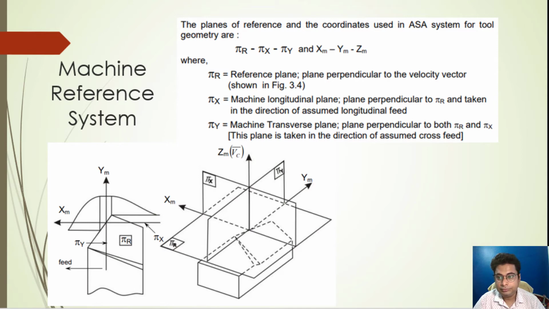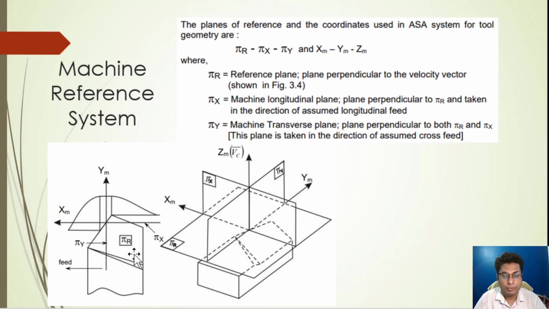Now coming on to the machine reference system, or ASA system. In the machine reference system, the three reference planes are chosen based on the configuration of the axes of the machine tool concerned.